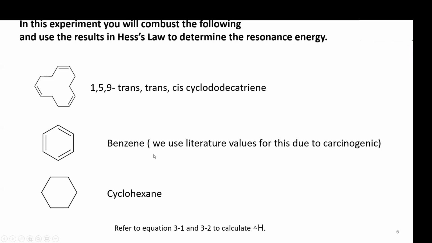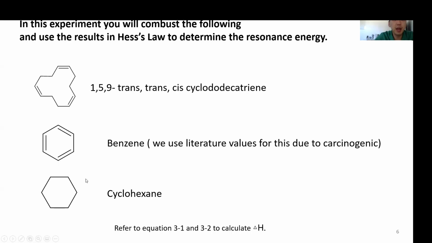Remember in homework 2, I asked you to look for the delta H of combustion value for benzene, because the benzene molecule is carcinogenic. So we don't want to use that in class. So in the video, you won't see us combust benzene. In the data set, you will have combustion data for TTCC and cyclohexane, and you will use the literature value you found in homework 2 for benzene.